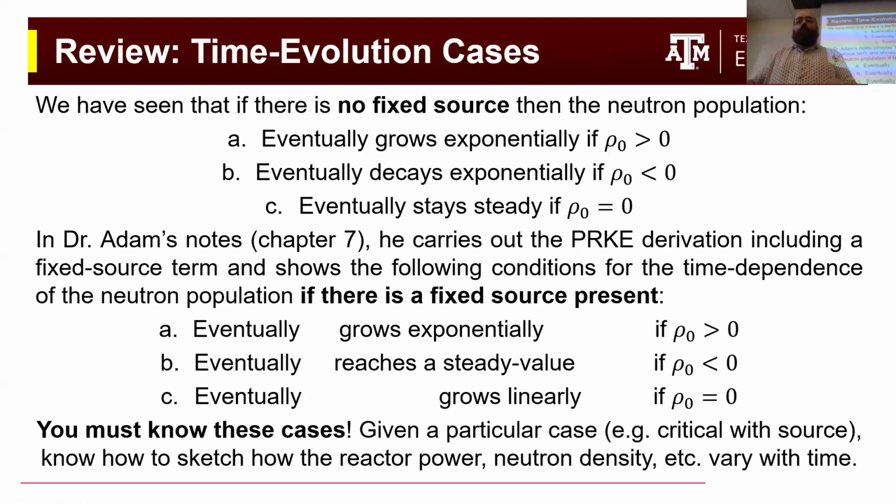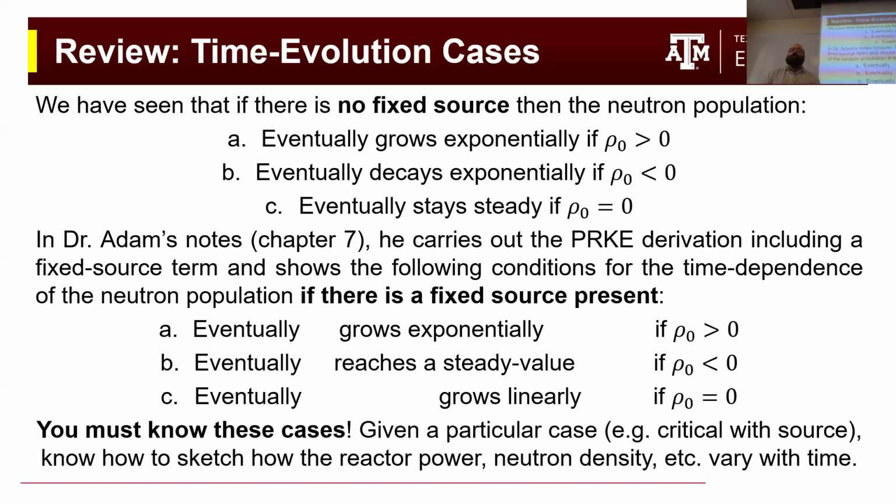We then talked about the different kinds of cases: if we have some change to our system, how does the system behave as a function of time? Does it increase exponentially? Does it decrease exponentially? Does it grow linearly? Does it stay in a steady state? That depends on basically two things: whether I have a source in my reactor or not, and what the criticality state is.